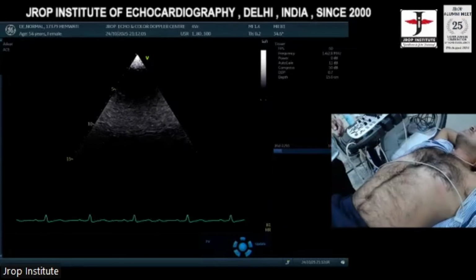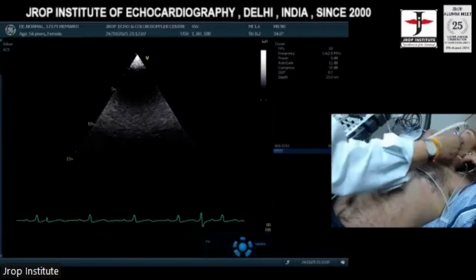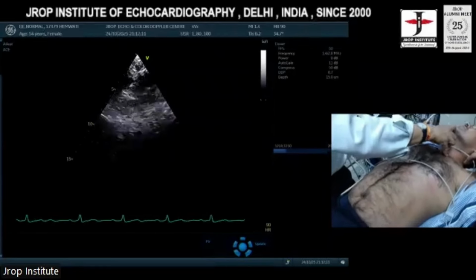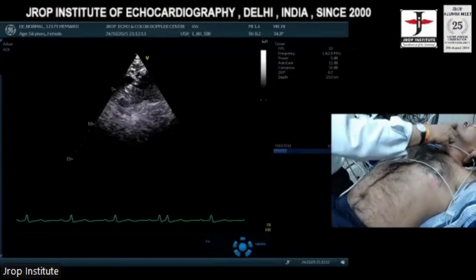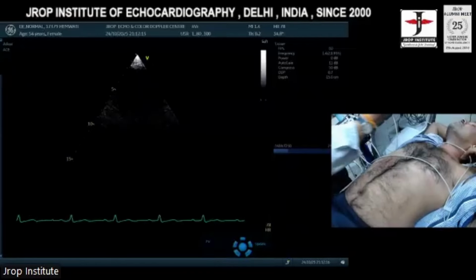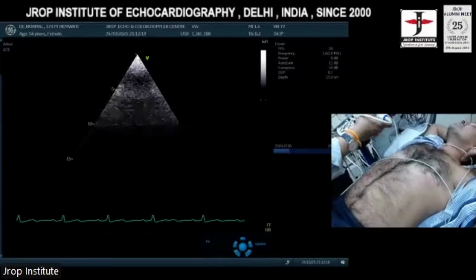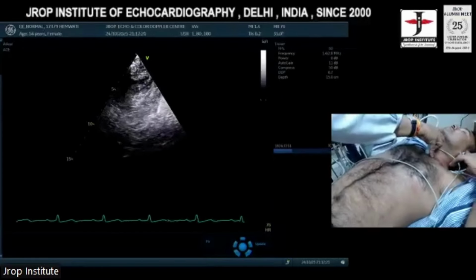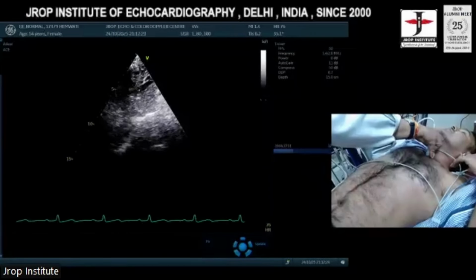So if I keep my transducer at 1 o'clock position like this, I'm going to get my descending aorta. In this patient, I'm not able to see a very good descending aorta.